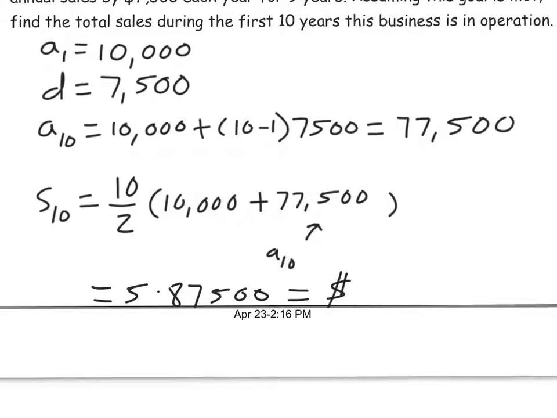We'd have 5 times 87,500, which would give us $437,500 would be the total sales between all 10 years added together.